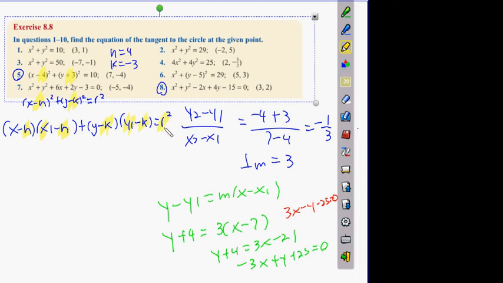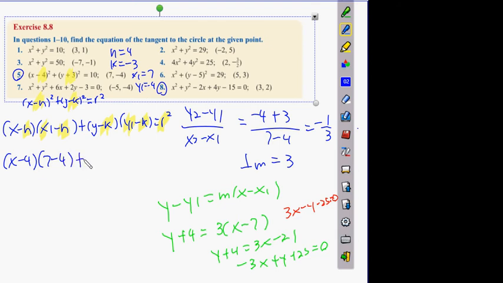Everything but the generic x and y is going to be a number that's substituted in. So all we do here is you put in x minus 4, bracket, now x1 is 7, and y1 is minus 4. So we're going to have 7 minus 4.